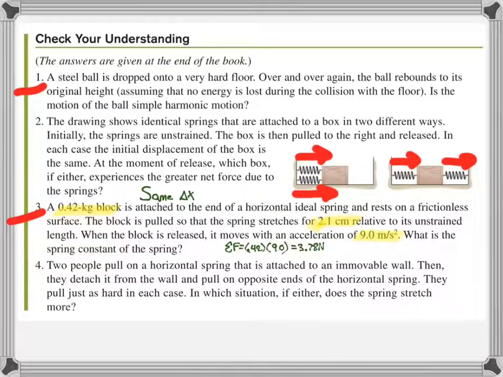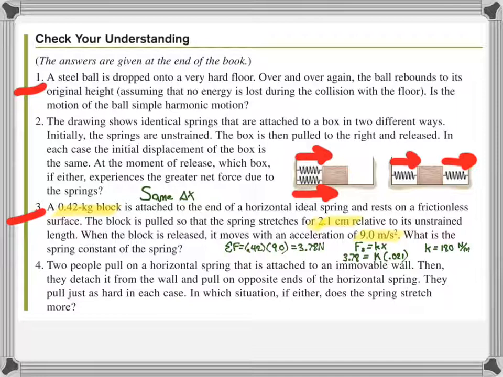The net force is equal to its mass times acceleration, and the thing providing this net force is the spring. Since the spring force is kx, this 3.78 newtons is equal to k times its displacement. So the spring constant has to be 180 newtons per meter to cause that acceleration after being displaced that amount.